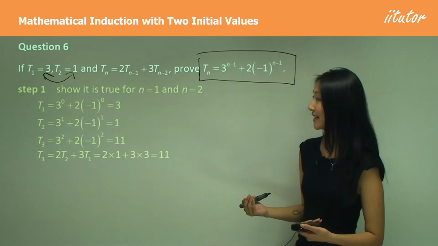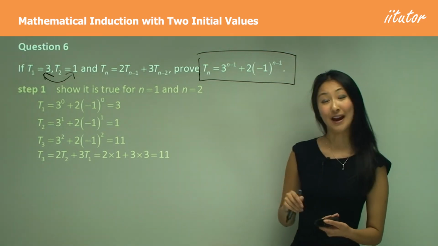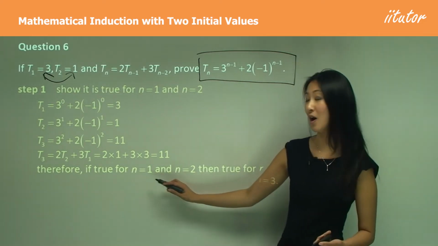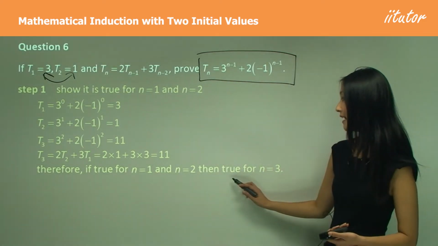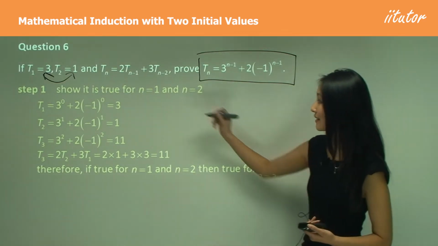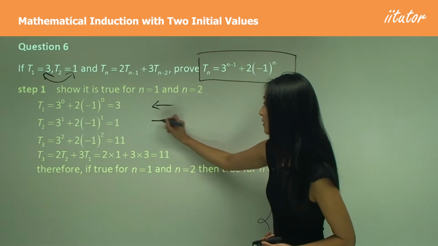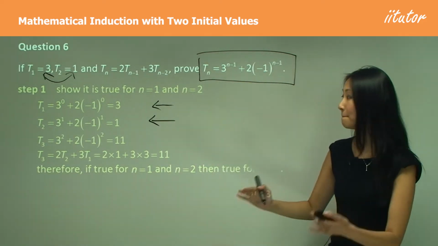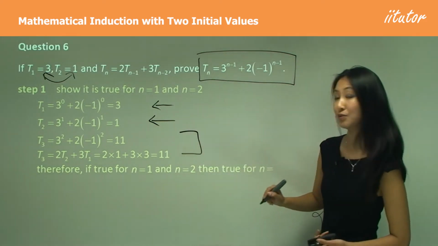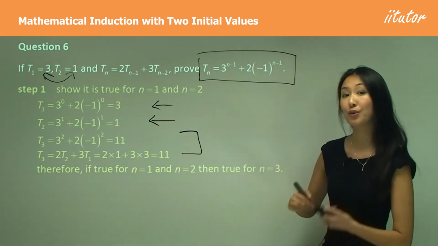So therefore, we can say it is also true for n equals 3. So can you see what we've done is here we've proven it's true for n equals 1 and n equals 2, but we must also use n equals 3 to show the relationship.